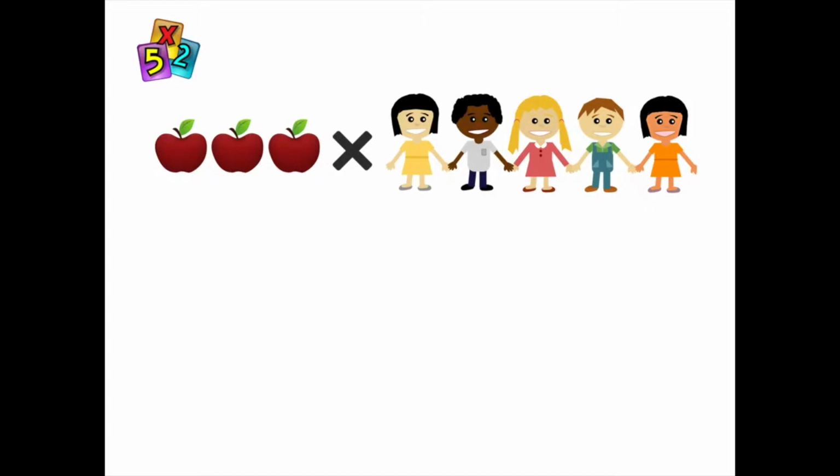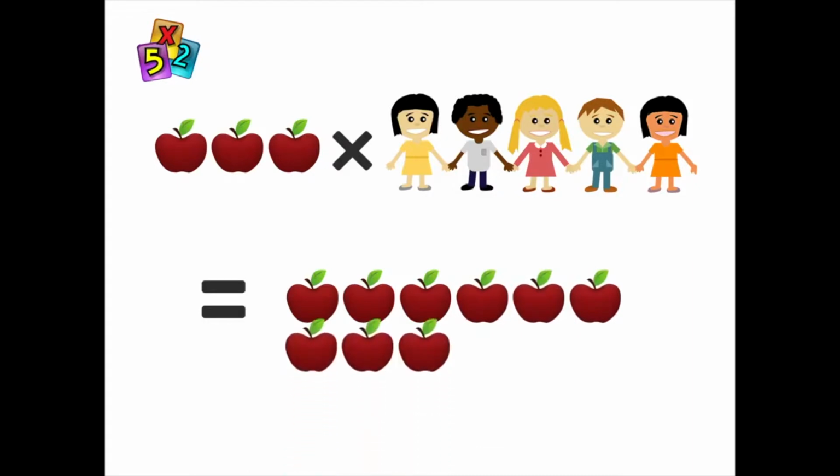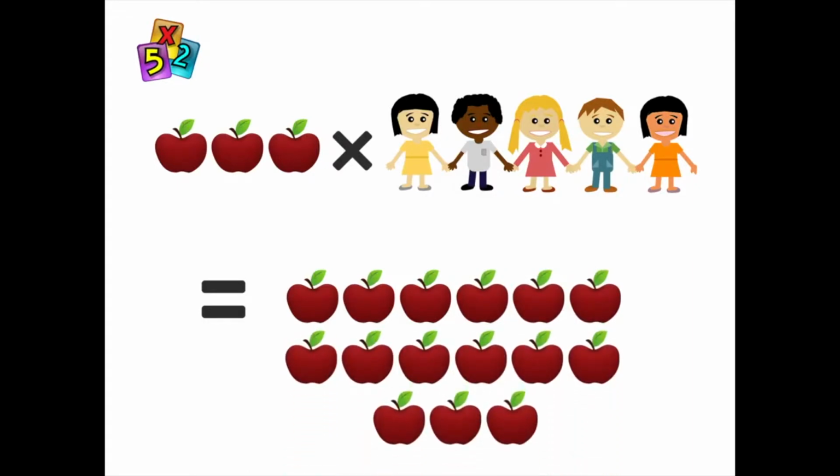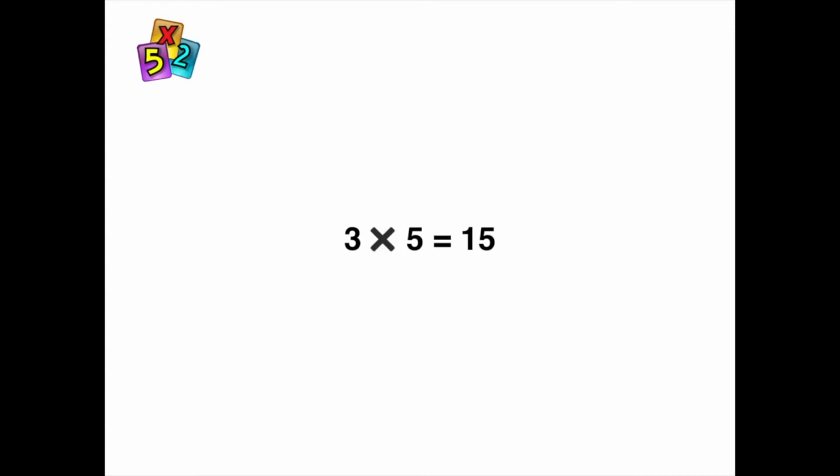How many apples will Maryam give to her friends? To figure out the answer, we have to add 3 apples 5 times. The total number of apples will be 15. We can say that 3 times 5 equals 15.